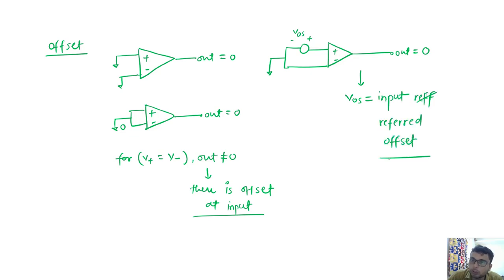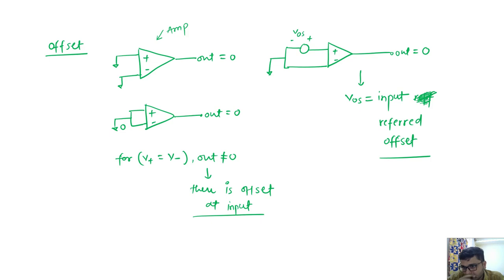So in general there should not be any output for shorted inputs, but if there is some mismatch between the devices inside this amplifier, then there is a possibility that the output cannot be 0 for the shorted input. In that case we will short the inputs and apply some extra voltage that can make my output 0, and that particular extra voltage is known as the input referred offset, or the amount of voltage that is required to make my output 0.